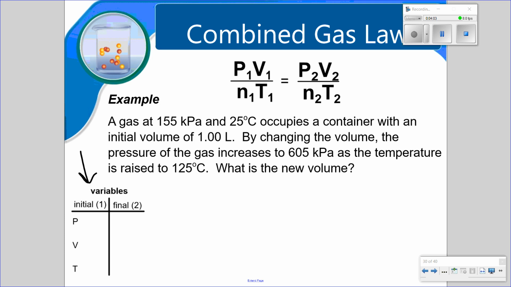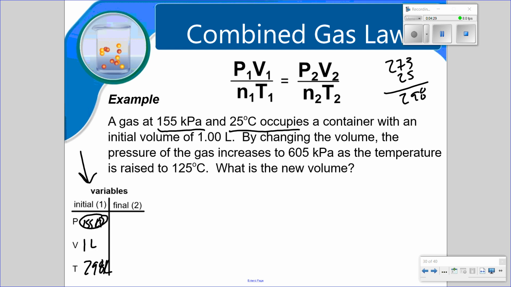All right, so it says a gas at 155 kilopascals, so that's pressure 1, and 25 degrees Celsius. I'm going to go ahead and convert that: 273 plus 25, I get 298. So that's temperature 1, Kelvin. It occupies a container with an initial volume of 1 liter.